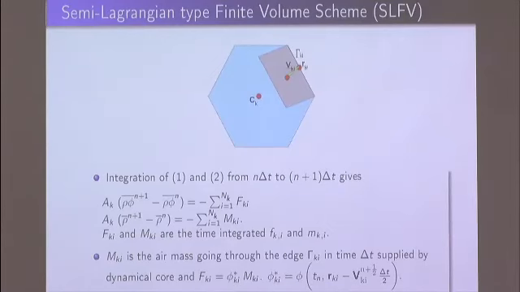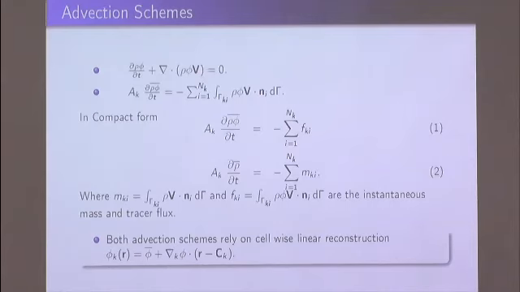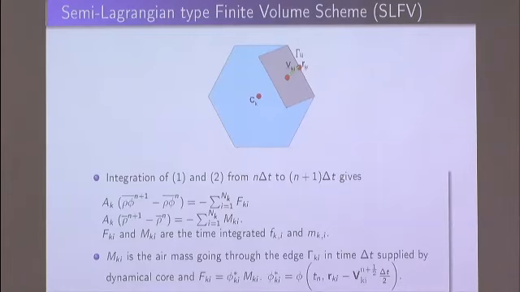Now this is the first advection scheme, which I call the semi-Lagrangian type finite volume scheme. In this scheme, we first integrate this equation in time from one time step to the next, and we get this expression, where this big Fki is the time integrated value of small fk, and big M is the time integrated value of small mk.